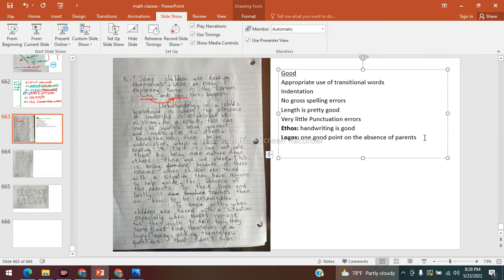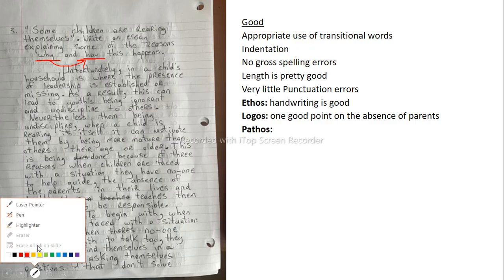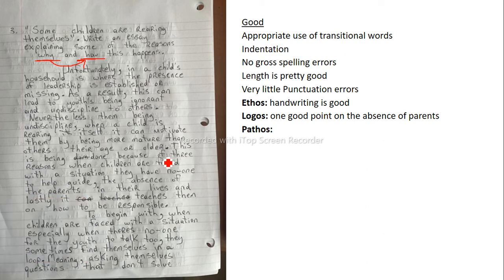Pathos, do they hit on pathos? They preluded to hit on it, but unfortunately, I think they did, but it didn't pass. I like how they motivate. Undisciplined, you can motivate them. What I like, this is a good one, right?